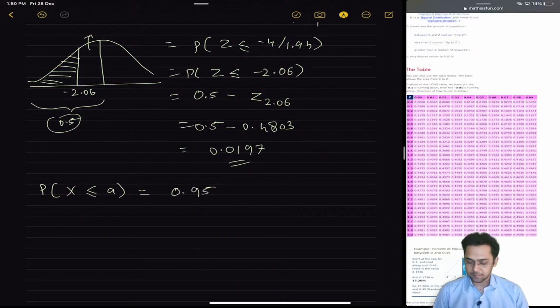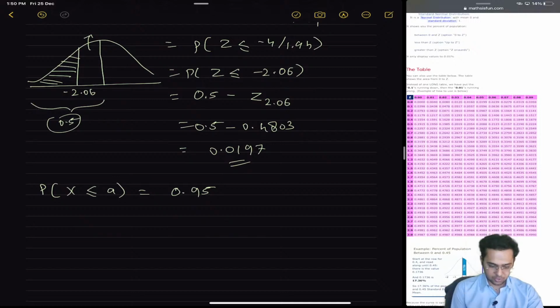So when probability of x less than or equal to a is 0.95, how do we get this a? The procedure still remains the same. We need to convert this to z less than or equal to a minus mu, which was 34, upon 1.94, is equal to 0.95.